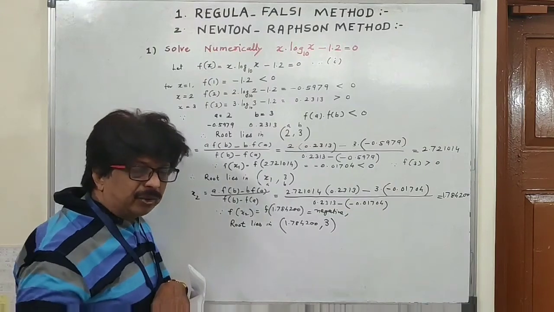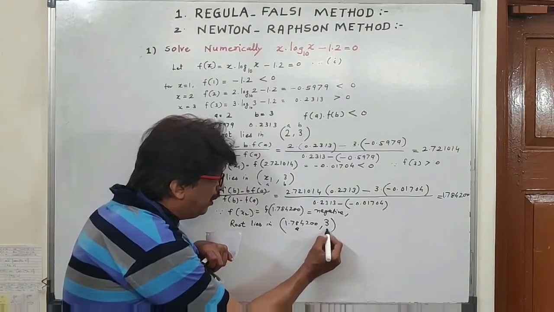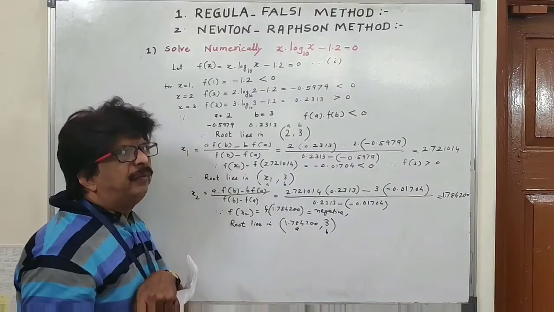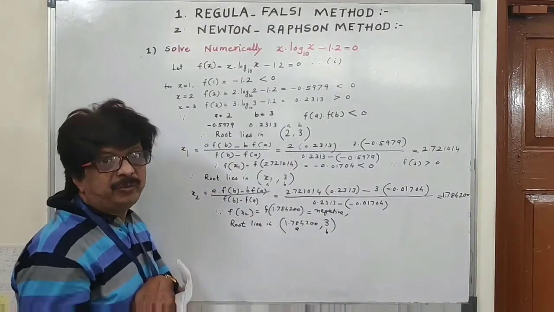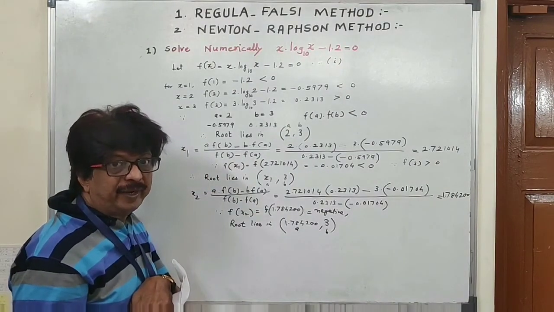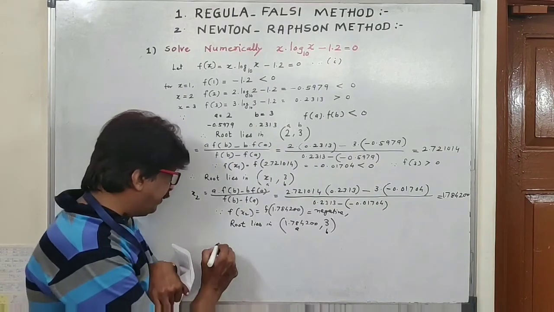We repeat the same procedure again. We consider this as A, we consider this as B. We use this formula, A into f of B minus B into f of A upon f of B minus f of A, and determine the next value, which is x3.